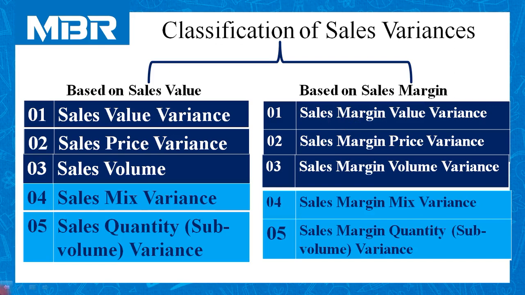Sales value variance, sales margin value variance, sales price variance, sales margin price variance, sales volume variance, sales margin volume variance, sales mix variance, sales margin mix variance, sales quantity variance, sales margin quantity variance. So there are a total of 10 different variances available in the category of sales. The first 5 variances are based on sales value and the next 5 are based on sales margin, popularly known as profit.